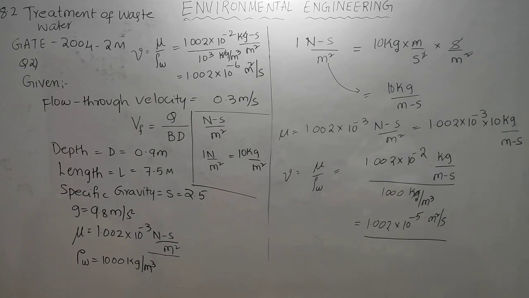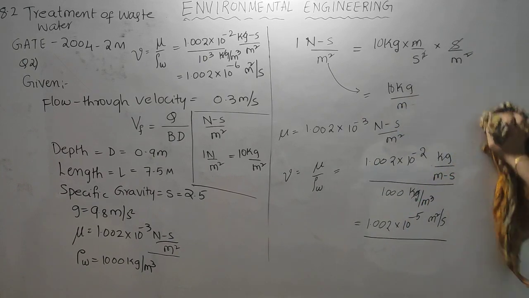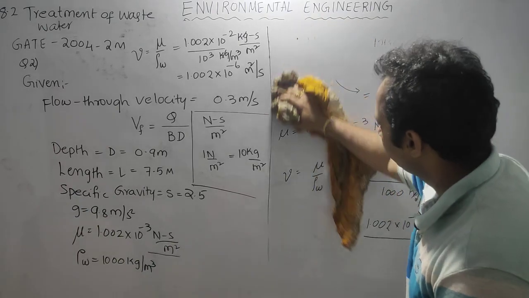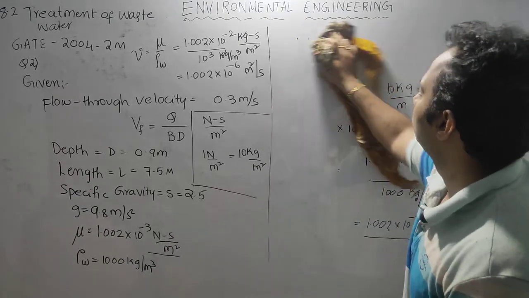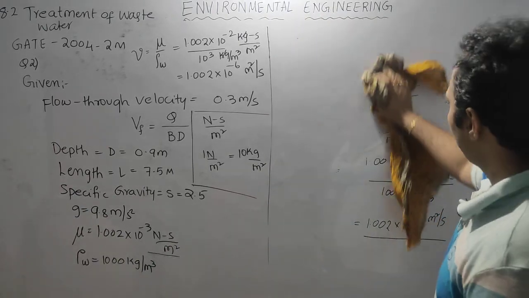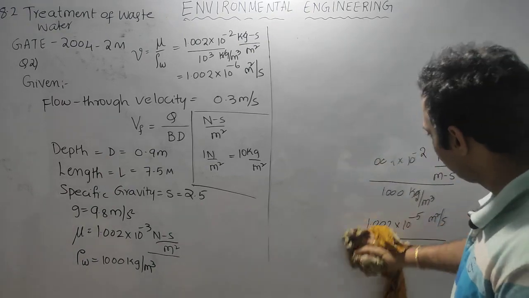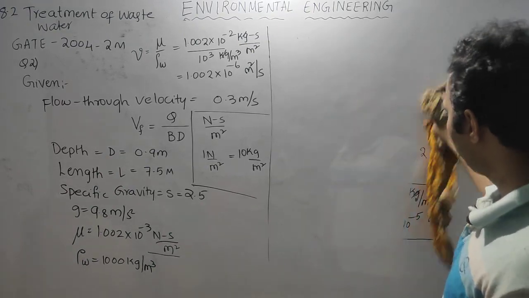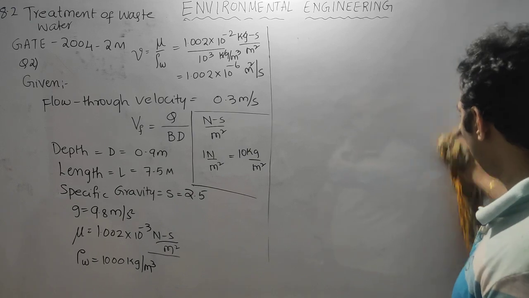Now we know the Vs value and all other values. Simply substitute them and we will get the answer. Why am I taking this much care in explaining the units?